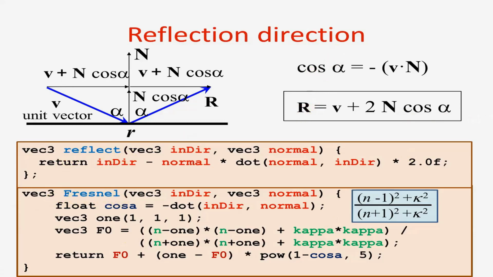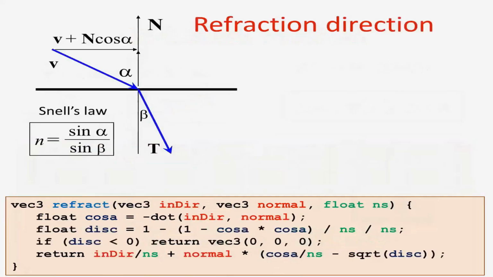As the index of refraction and the extinction parameters depend on the wavelengths, the result is also a spectrum. So that's why we use vec3 as a return parameter, because it can be different for the wavelengths of red, green and blue. The refraction calculation is similar, although a little bit more complicated.